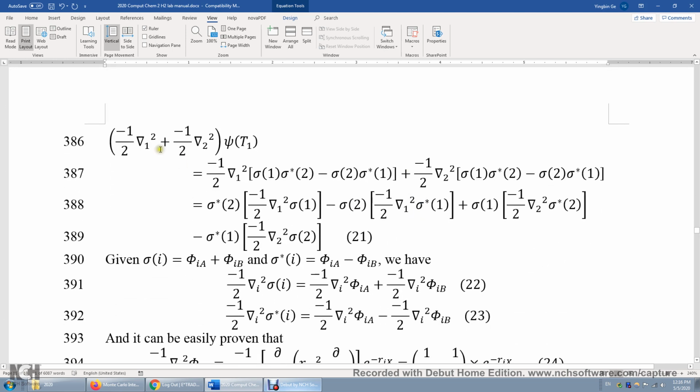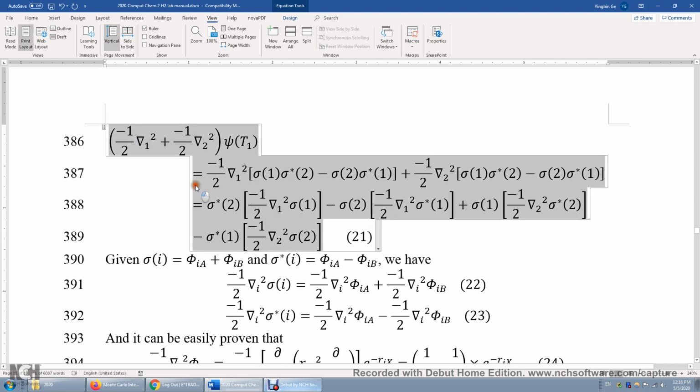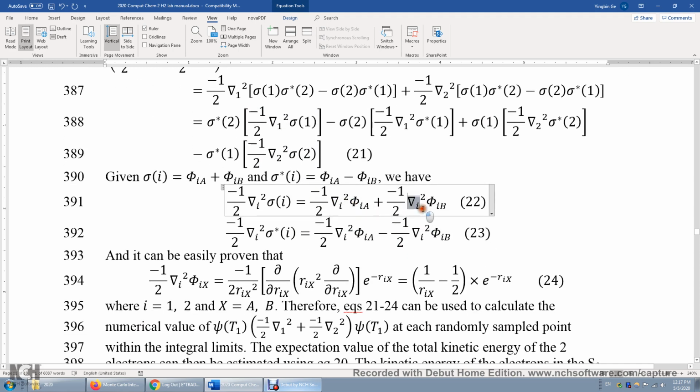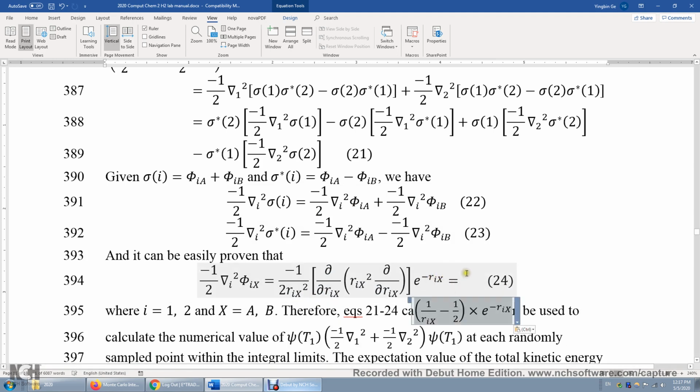All right, so this is the derivation for this expression. I applied the kinetic energy operator to the total wave function of the triplet state. There are 1, 2, 3, 4 terms, really complicated, and each term is a combination of 2 terms, and each of these 2 atomic terms is a combination of these 2 terms.